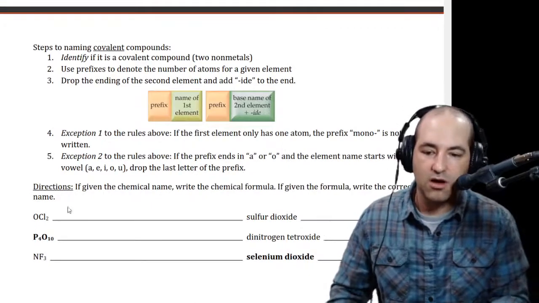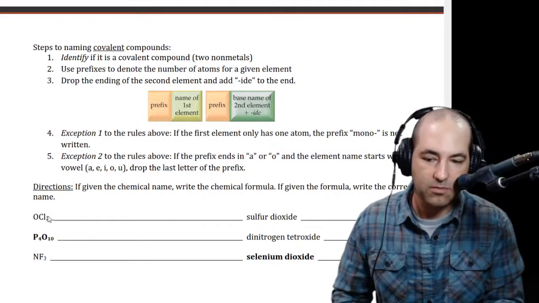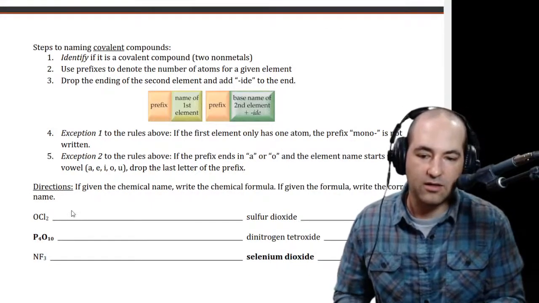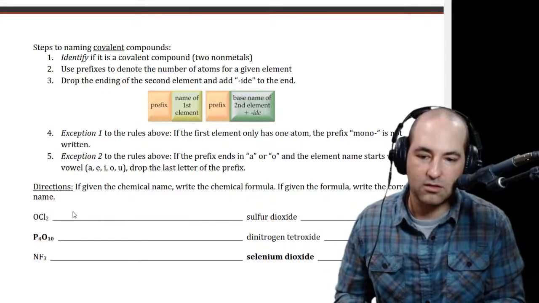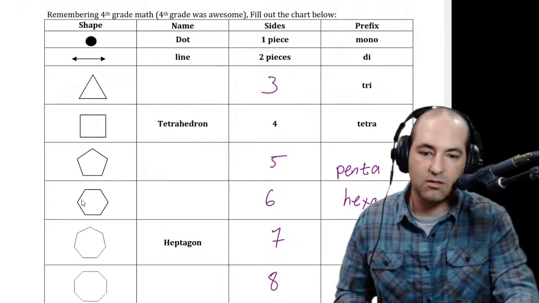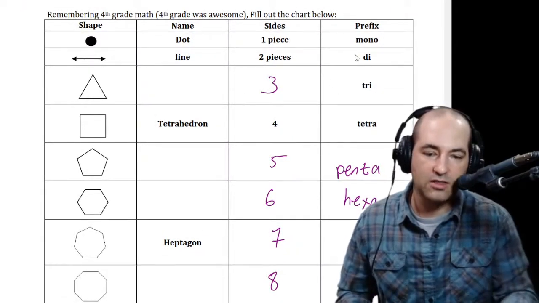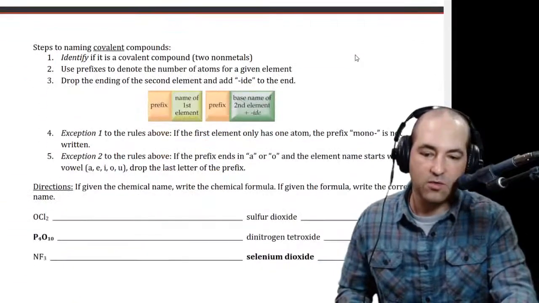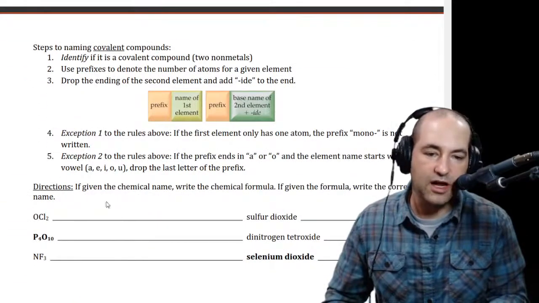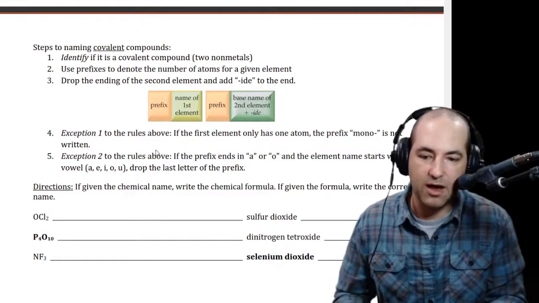So if we see OCl2, we have one oxygen, monooxygen, and we have two chlorines, dichloride. Now, so we could maybe call this one monooxygen dichloride. Now, a couple things to keep in mind here.